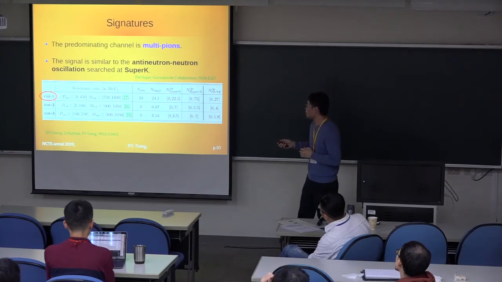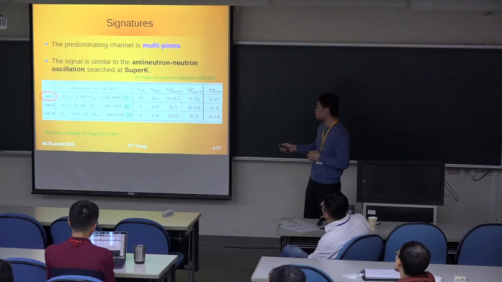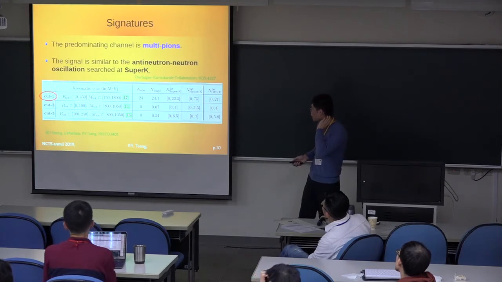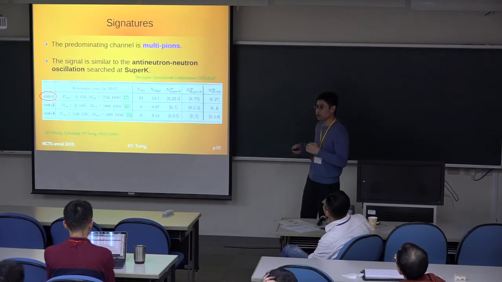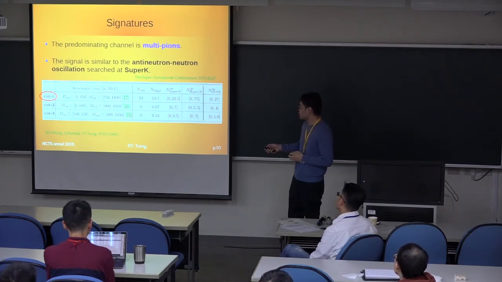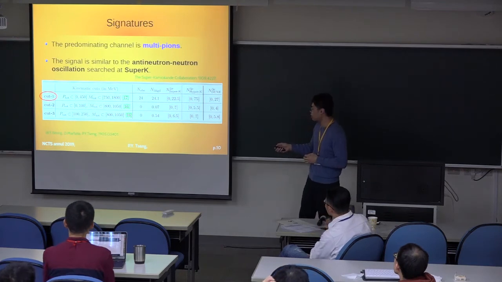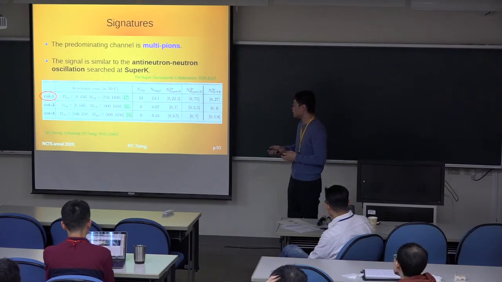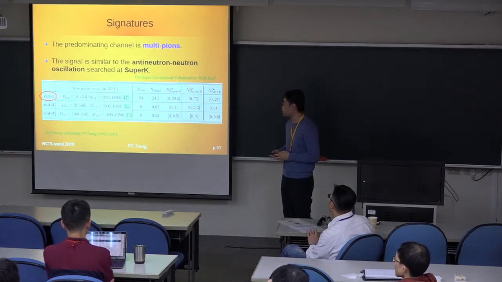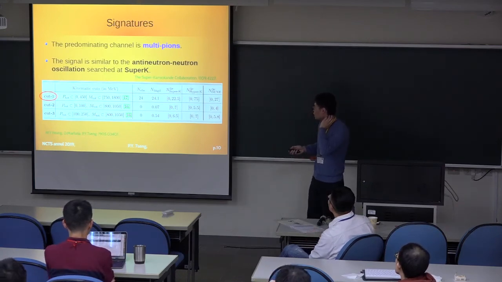And we think our signal will be very similar to the anti-neutron neutron oscillation signal from Super-K. Super-K already performed such an analysis as they focus on this kinematic region, where this is the total momentum of the final state, and this is the invariant mass of the final state.